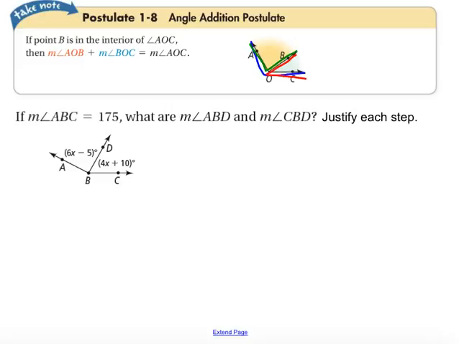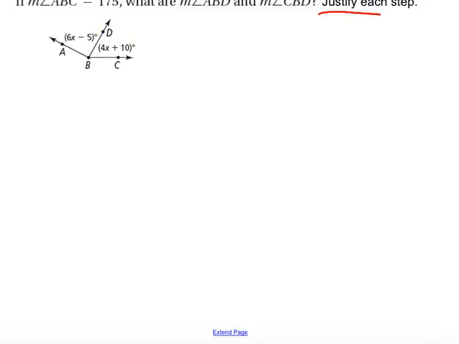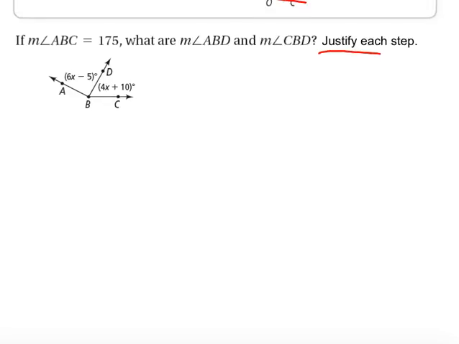So our last problem here, it says if measure of angle ABC is 175, what are the measure of angle ABD and the measure of angle CBD? Justify each step. So again, we are writing a proof, but that's okay. We've gotten pretty good at that by now. Let's start off with what we know. We know that the measure of angle ABC is made up of our 2 angles there.